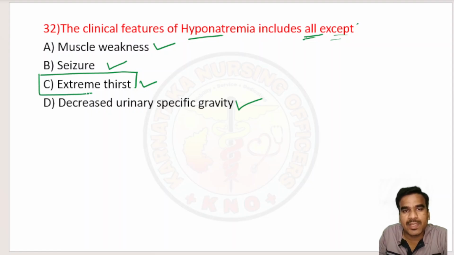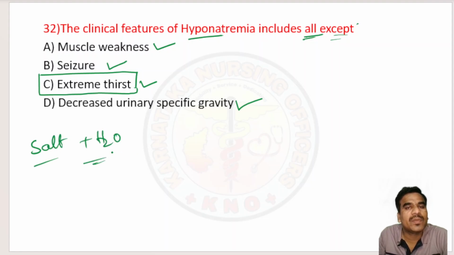Hyponatremia means salt levels are less and more water will be there in the blood. So extreme thirst is not a sign of hyponatremia. It is the sign of hypernatremia.